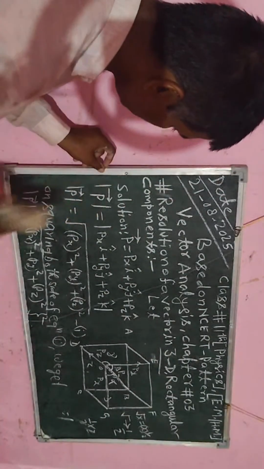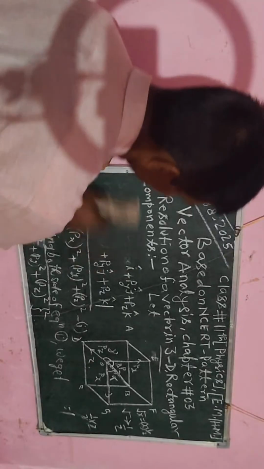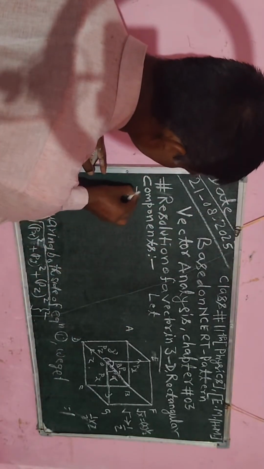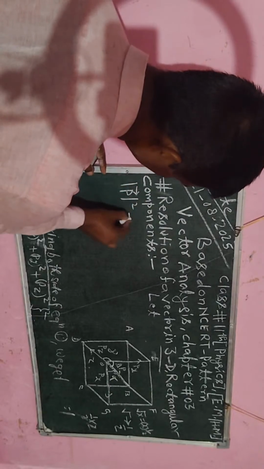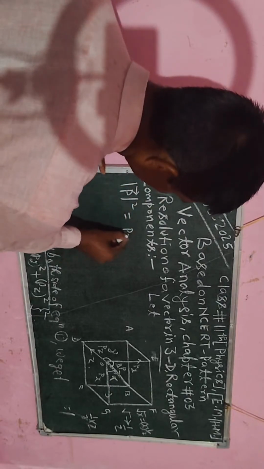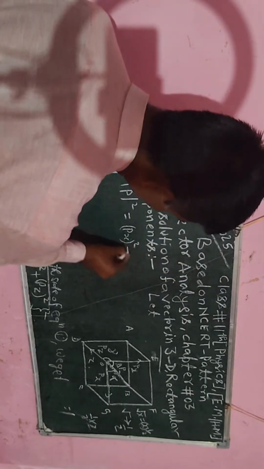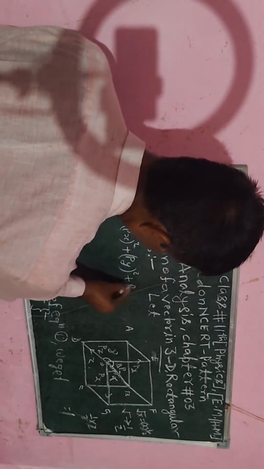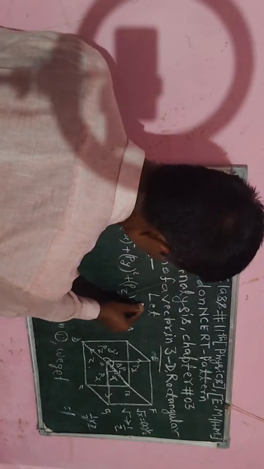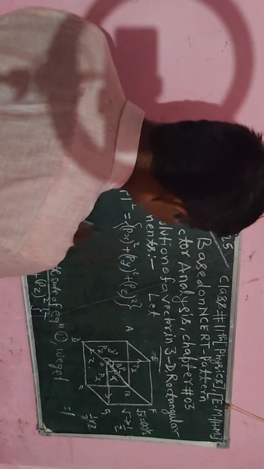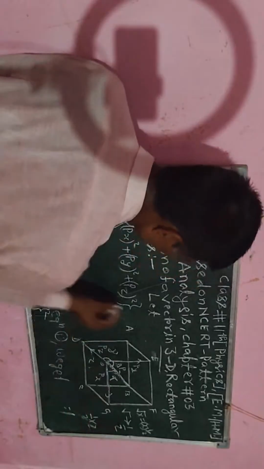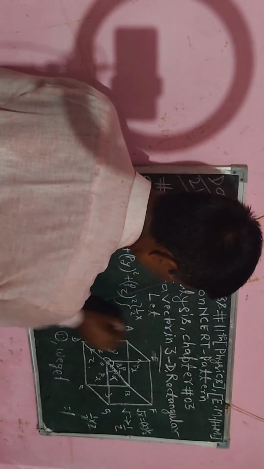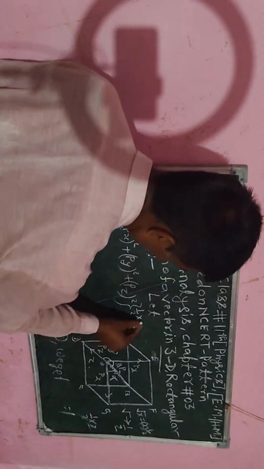First of all I am going to erase the above data. Okay students, after erasing the above data I will write the value information. So after squaring, here I write vector P mod whole square which is equal to Px whole square plus Py whole square plus Pz whole square, and then for the square root I have to write 1 by 2, and already I have used whole square, so I will multiply with 2.